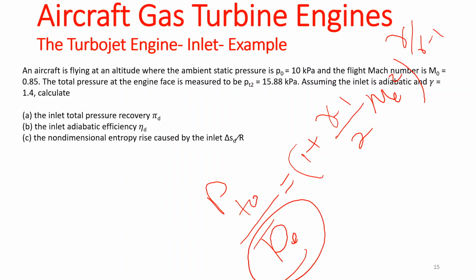So we have the P naught, we have the M naught, we have gamma. You should be able to find total pressure, right? But that's supposed to be PT2 over PT naught, or? Pi of d, yep. PT2 over PT naught, yep.